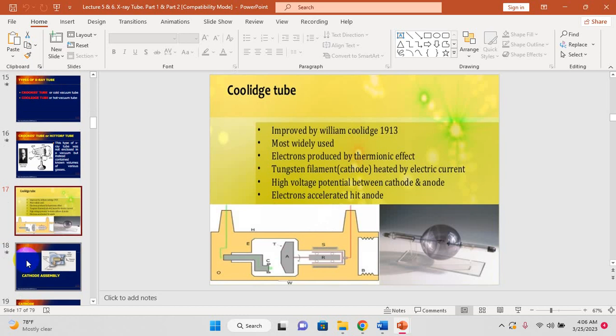Coolidge tube is the modern tube. So it was improved by William Coolidge in 1913, and it is most widely used until today.